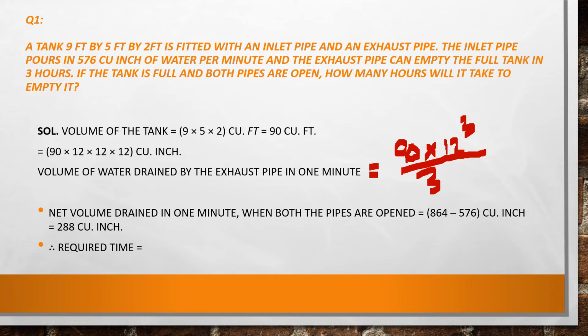You require the volume of water drained by the exhaust pipe in 1 minute. This is in hours, so you have to convert it to minutes, that is into 60. Clear? So on calculating you get the answer as 864 cubic inch.